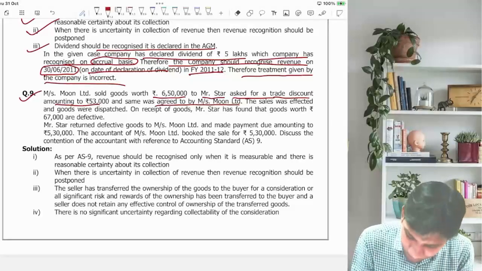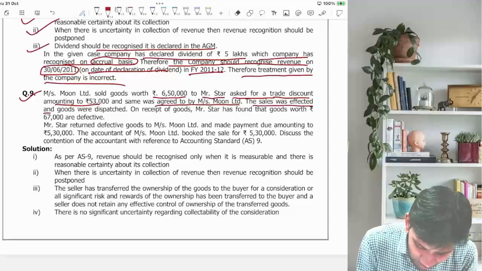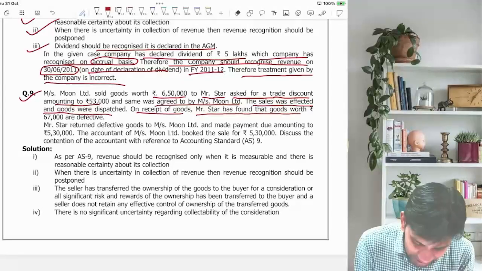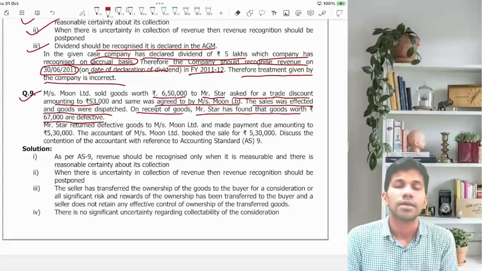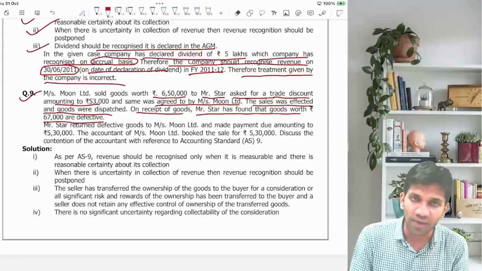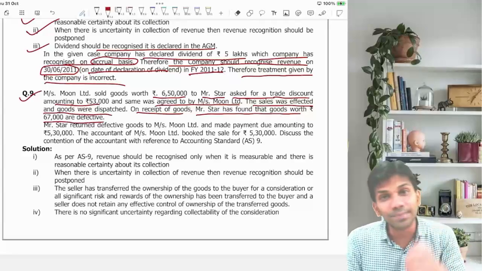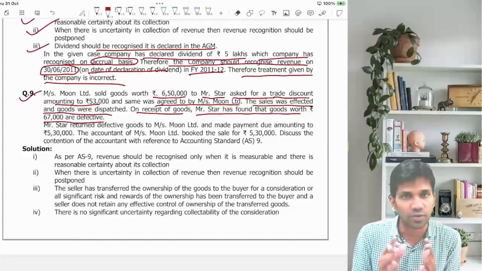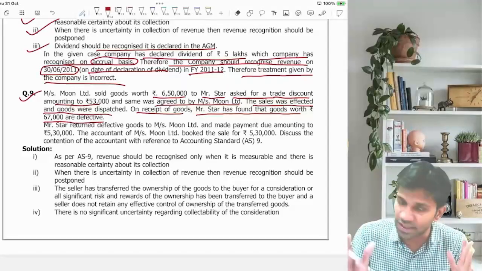The sale was effected and the goods were dispatched. On receipt of goods, Mr. Star found that certain goods amounting to 67,000 were defective. So that is treated as sales returns.